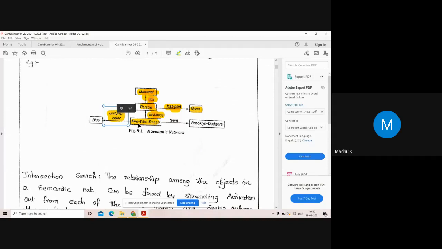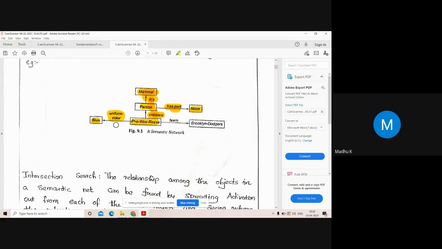For example, PV Ray is a person name, and blue is a color class. Then I can add an edge like this, a uniform color relationship. Here the relation is uniform color, and PV's uniform color is blue.